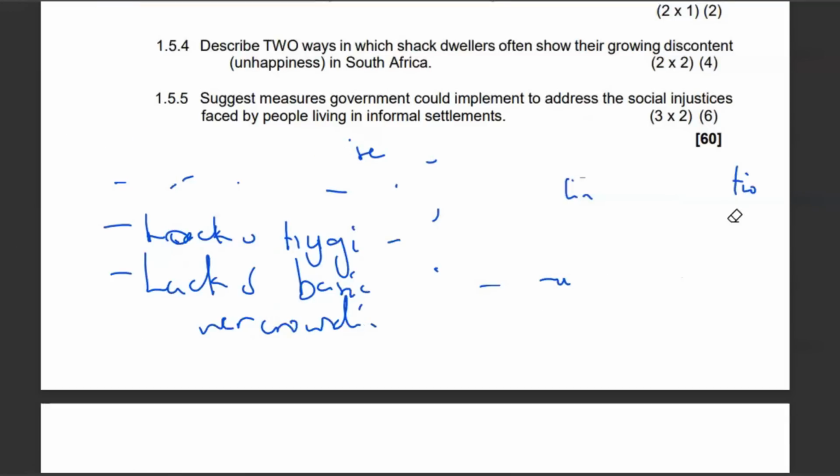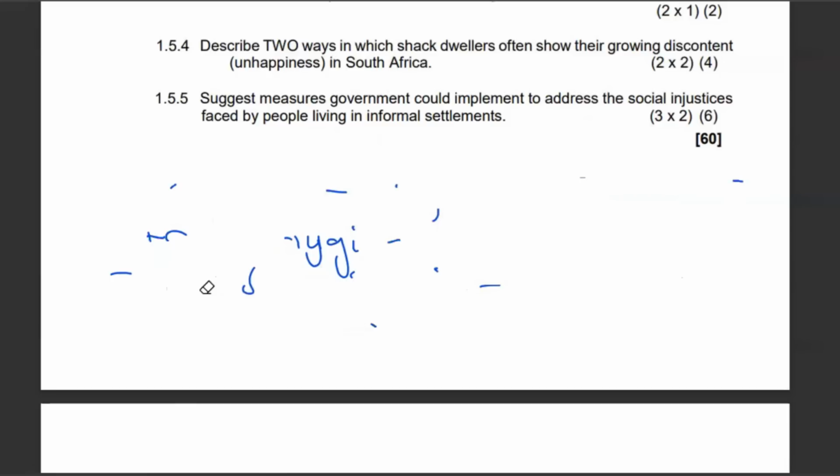Moving on to the next question. The next question is saying, describe two ways in which shack dwellers often show their growing discontent or unhappiness in South Africa. People staying in the informal settlements are not happy with their way of life and they have to show their discontent. How do they show that they are unhappy with the living conditions in the informal settlement?